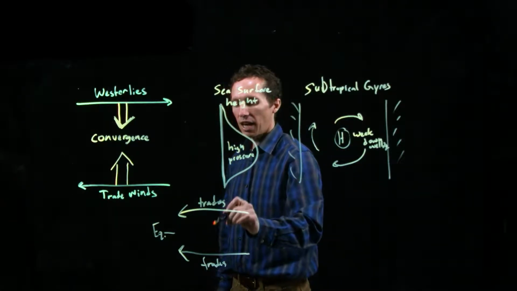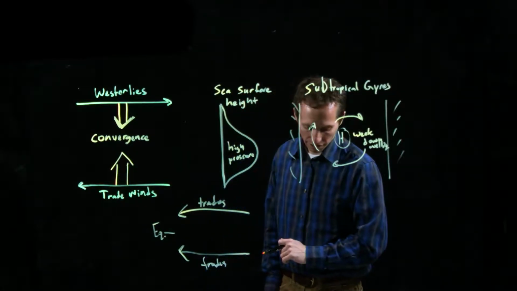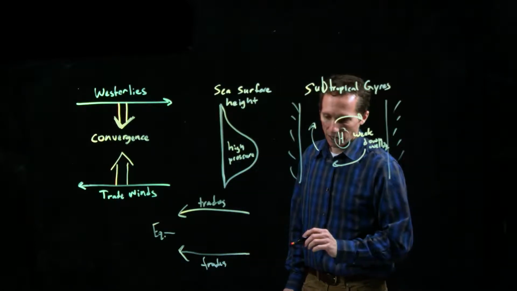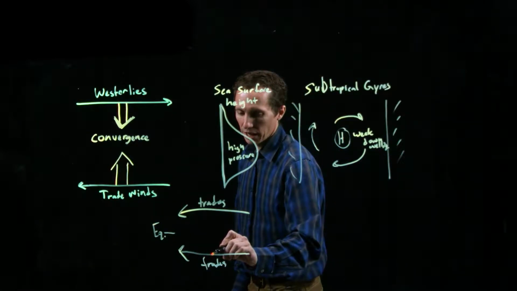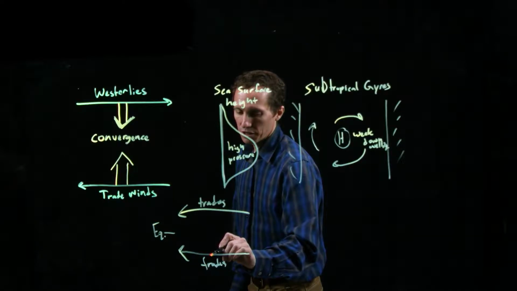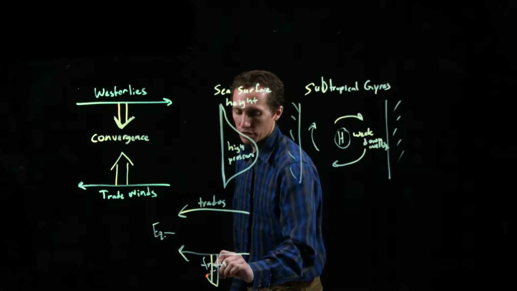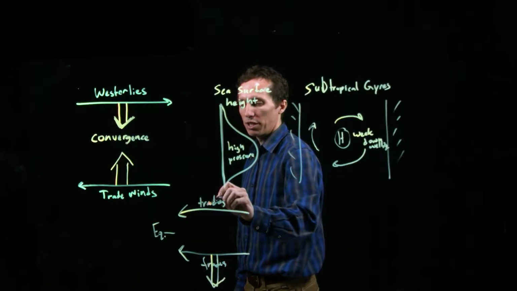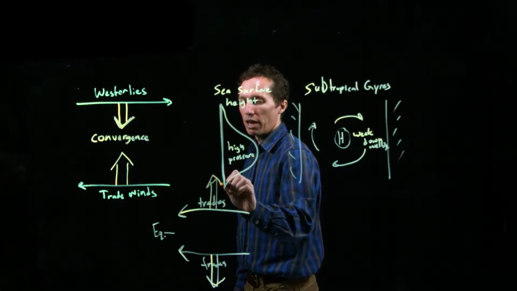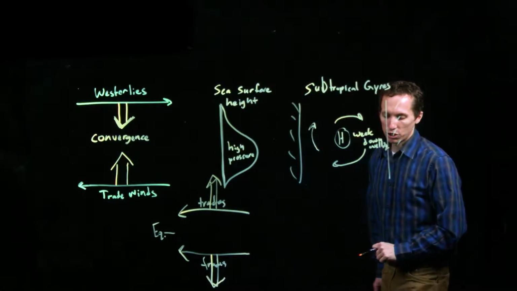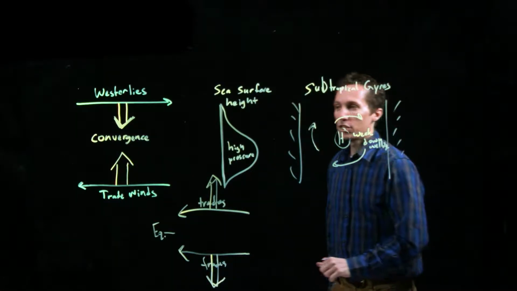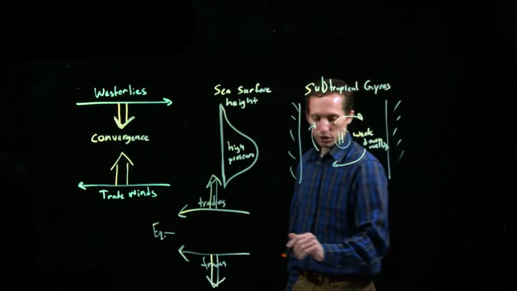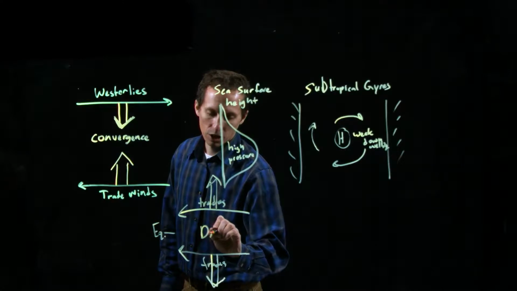And because the sign of the Coriolis effect switches directions here, we get two different surface water transport directions. So in the southern hemisphere, that surface water is transported to the south, and in the northern hemisphere, it's transported to the north. So instead of convergence in the case of the subtropical gyres, we actually get divergence along the equator.